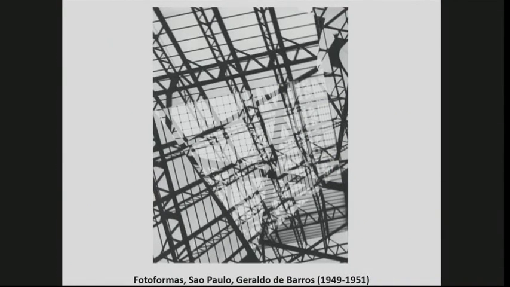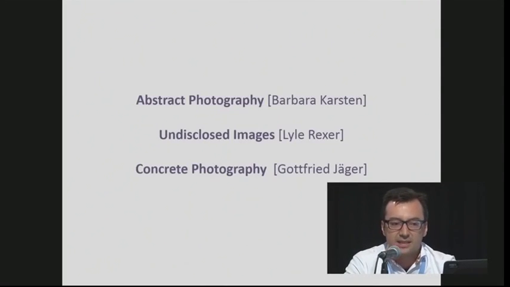And interestingly enough, this hasn't been discussed that much in the history of photography. Only recently, there are a couple of people trying to make sense of the abstract photography of the 20th century. And Geraldo de Barros is one of the most interesting case studies, in my opinion. There are at least 3 interesting concepts to describe this kind of photography.